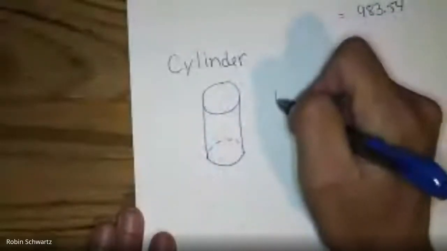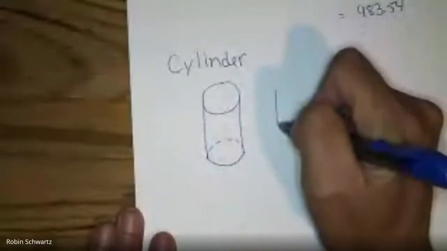And remember what the net looks like. It's a rectangle with the 2 circles. Okay, the lateral area is going to be the area of this rectangle.